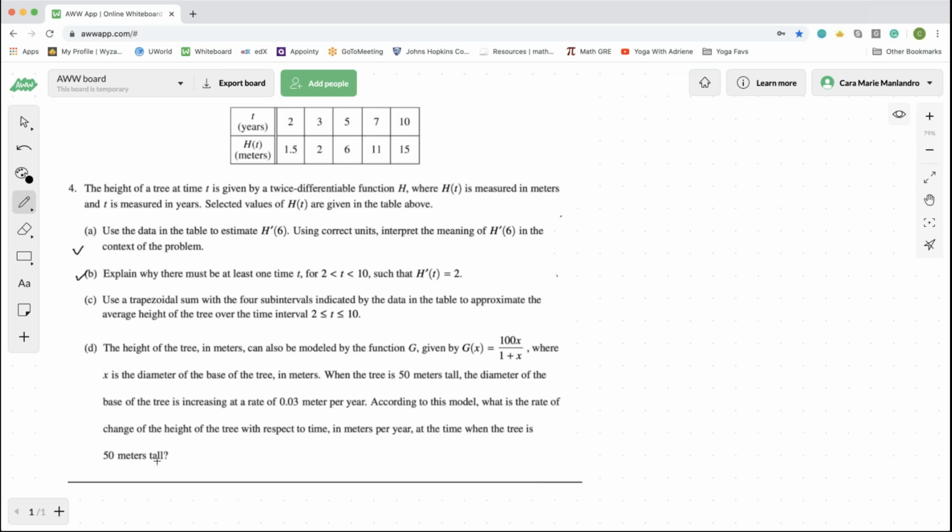So the hypotheses of the mean value theorem are continuous over the interval and differentiable on the interval. So you need to state that when you're doing these types of questions. Since you get to have your notes, and that's not cheating, you should write down the major theorems and the hypotheses.